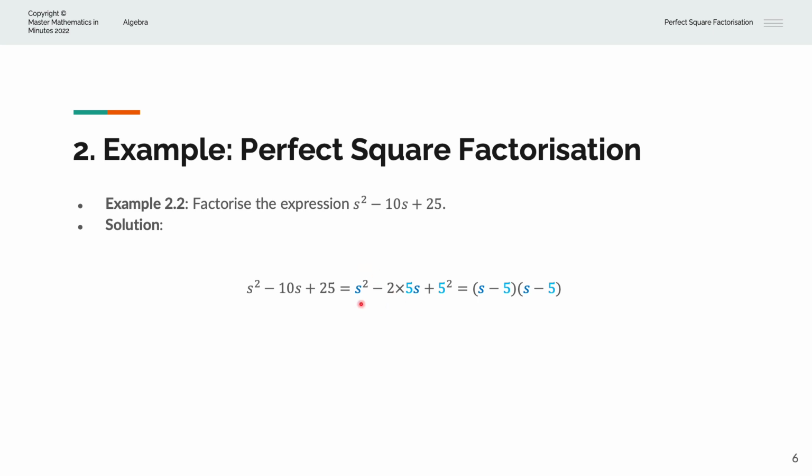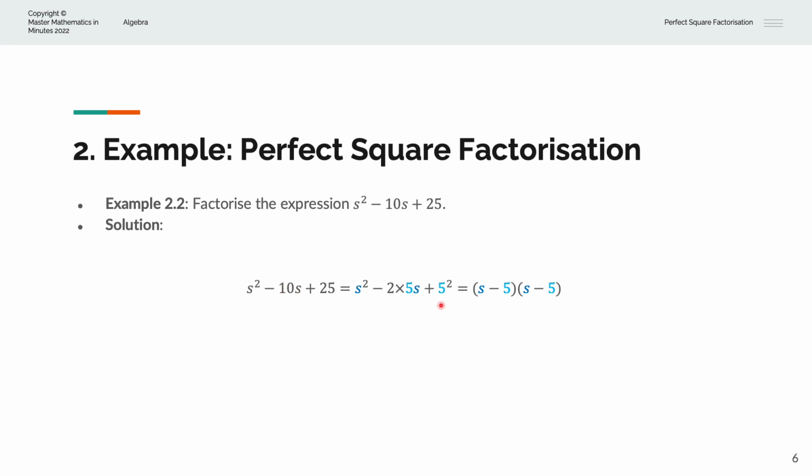So we have s being equal to a, we'll copy s, and 5 being equal to b, and we'll copy b. So these two terms are ab, and we'll put a minus 2. If we were to multiply this out, minus 2 multiplied by 5 is minus 10, multiplied by s is minus 10s, which matches this term.